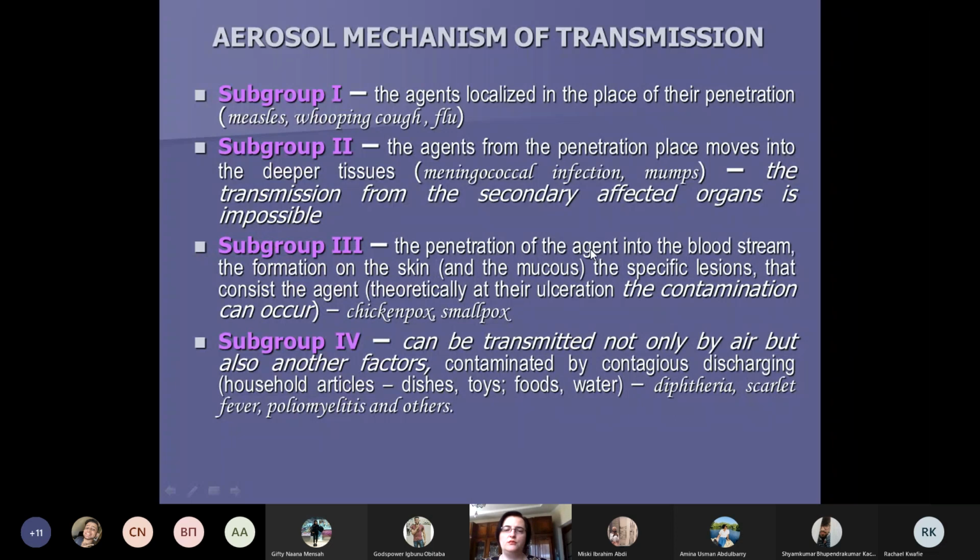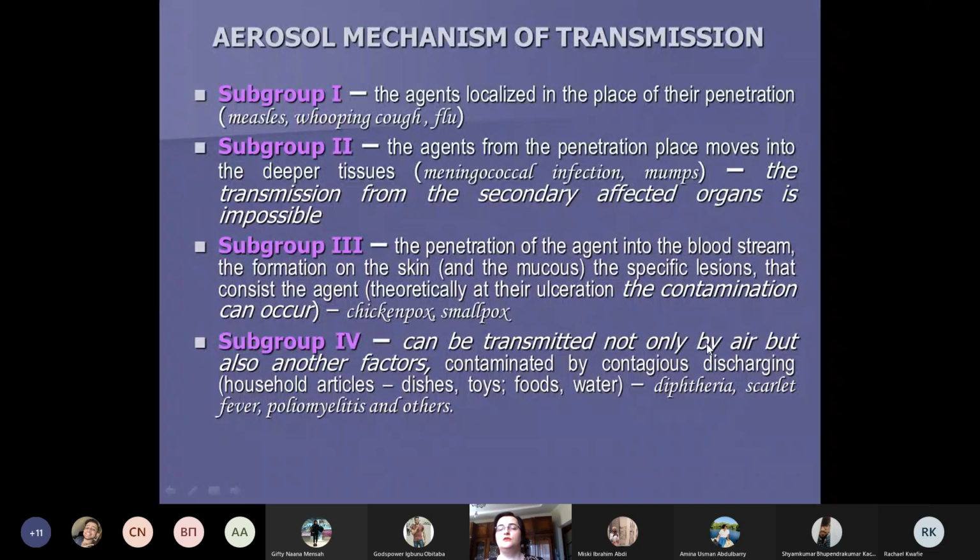But still, you have to be very careful. Subgroup 3, the penetration of the agent into the bloodstream, and the formation on the skin and mucosa of specific lesions that contain the agent. Theoretically, when they are disturbed, contamination can occur. During chickenpox, smallpox, for example, you can catch the infection. The rash and vesicles on the skin are not the primary place of infection.